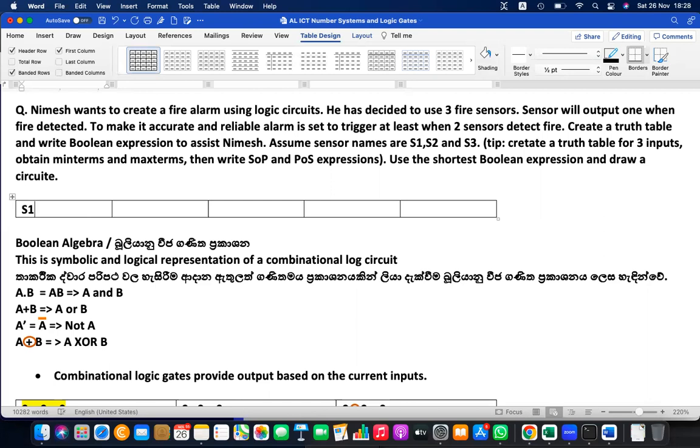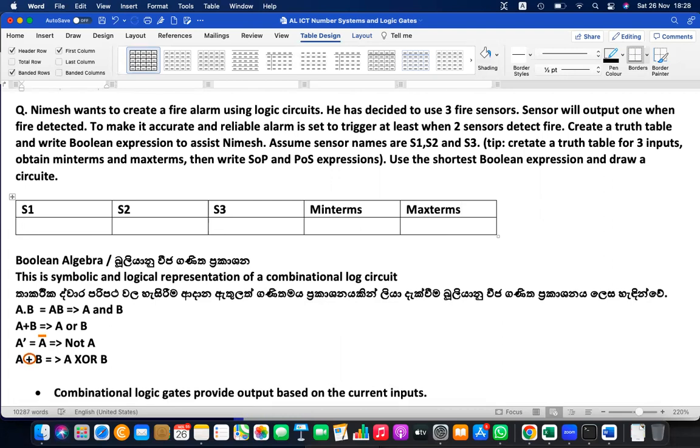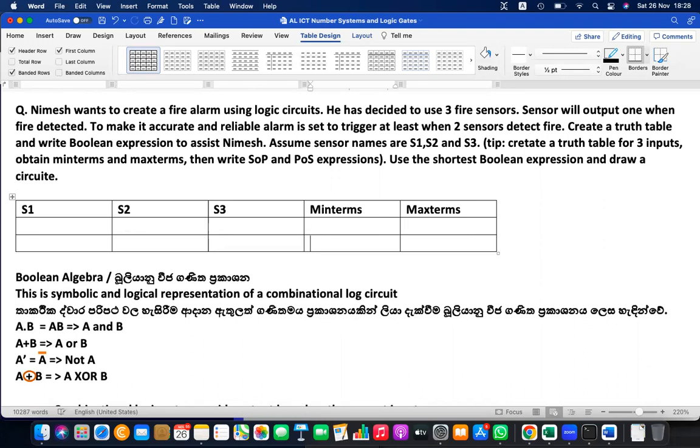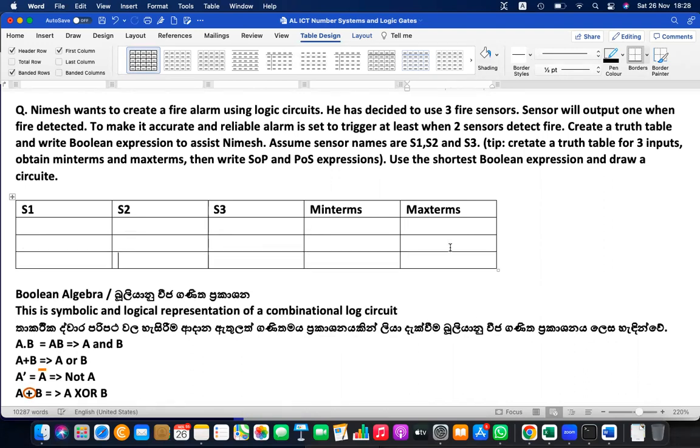S1 is one sensor, S2 is the second sensor, S3 is the third sensor. You can write min terms and max terms there. You have to fill this for 8 rows, so let's add 8 cells.